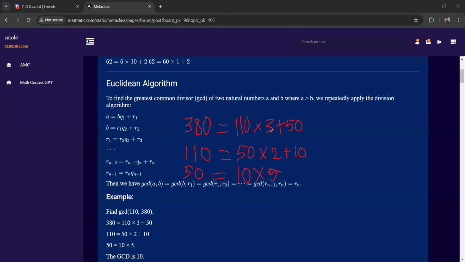So essentially the greatest common divisor is 10. And it's not 5 because this is also a divisor, but it's smaller than 10. So that's not our GCD.